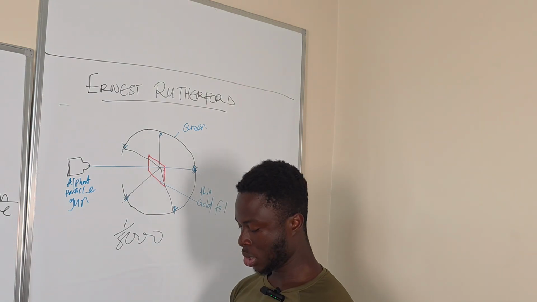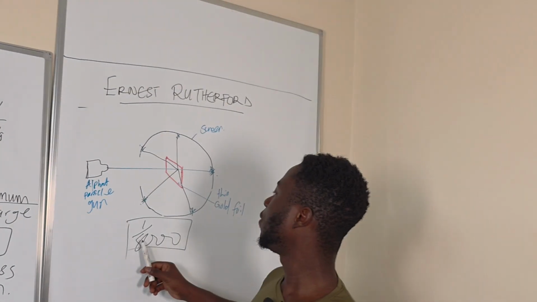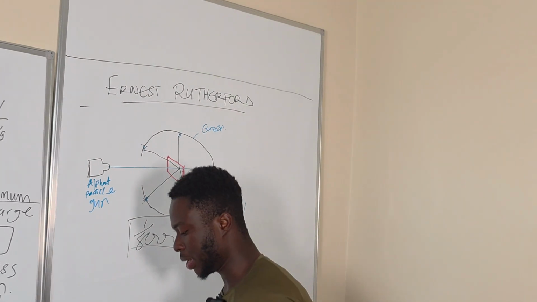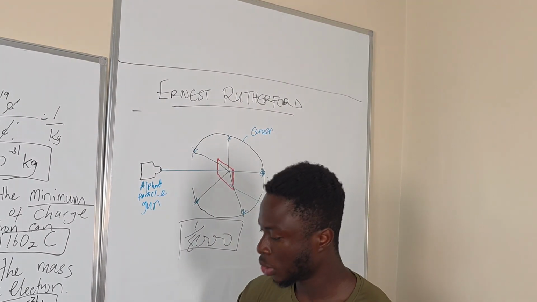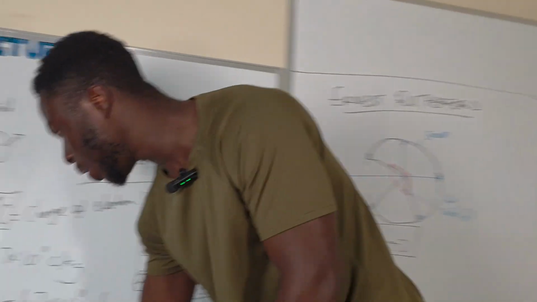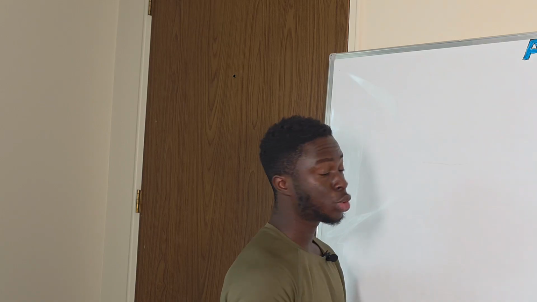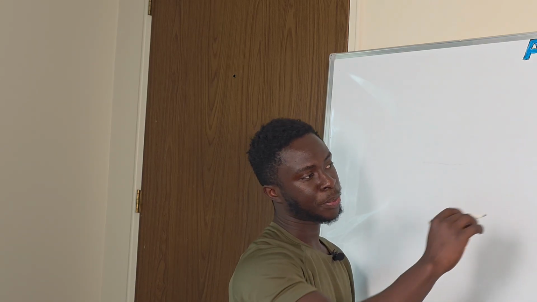So after Rutherford came with this experiment, what he ended up coming up with was that if the positive charge was spread out inside of an atom, then the alpha particle should have gone straight through it.